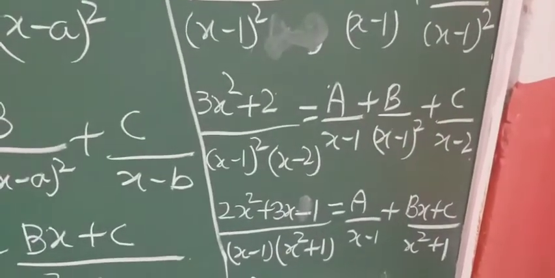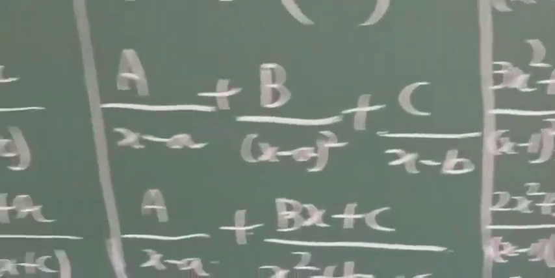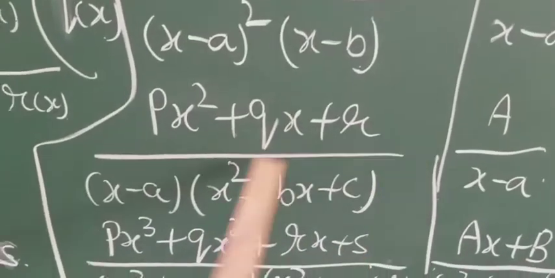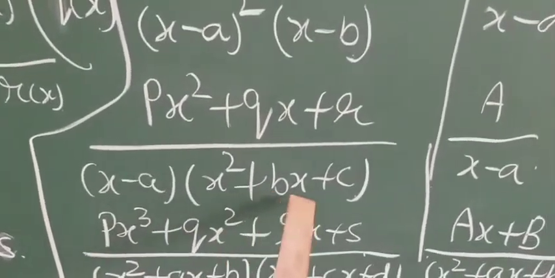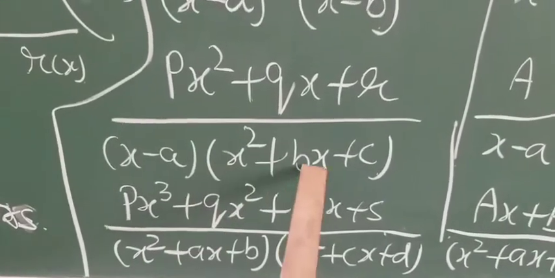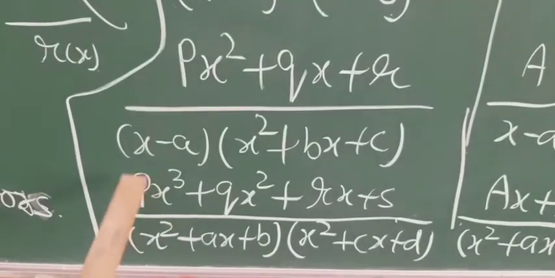Okay. So this is the method of taking partial fraction. Next type, px square plus qx plus r upon x minus a, x square plus bx plus c, and x square plus bx plus c is not factorized. Okay.